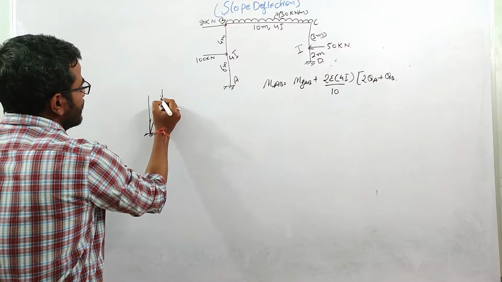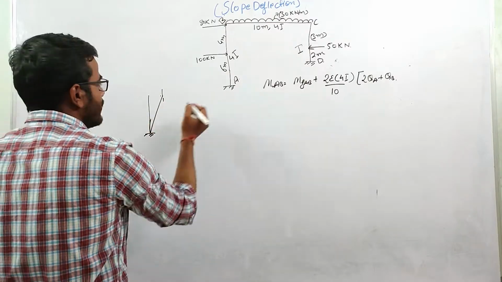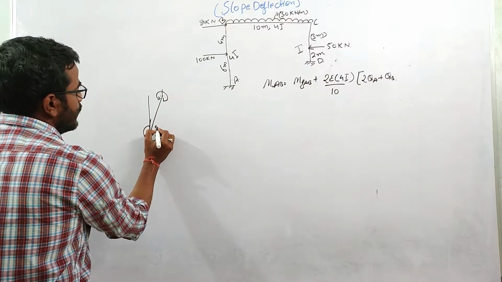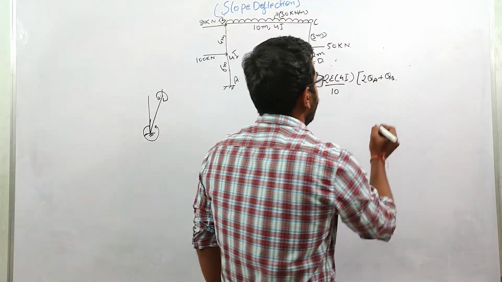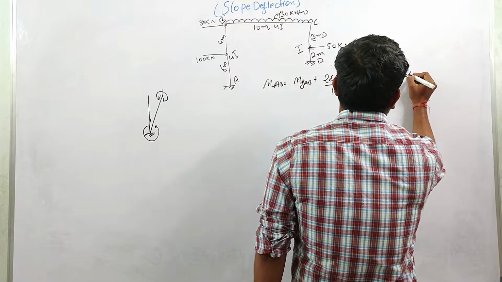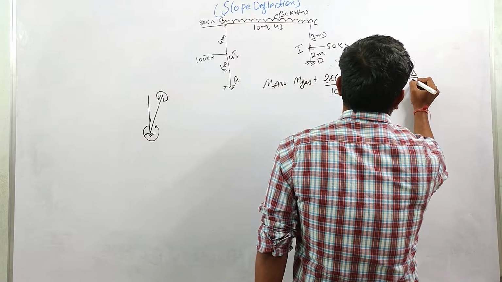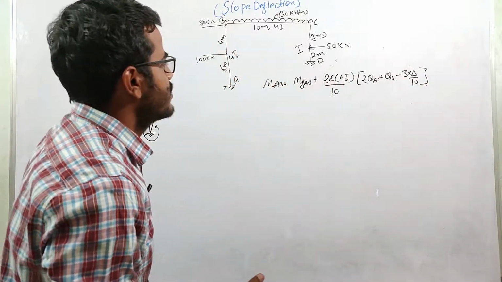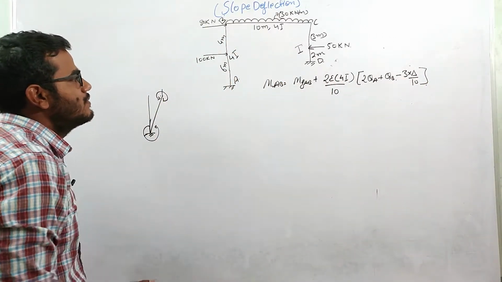To maintain the fixity, as we discussed while deriving this formula, there will be an anticlockwise moment at this point, so for it I write minus 3 delta over L, where L is 10. This is the equation for member AB.